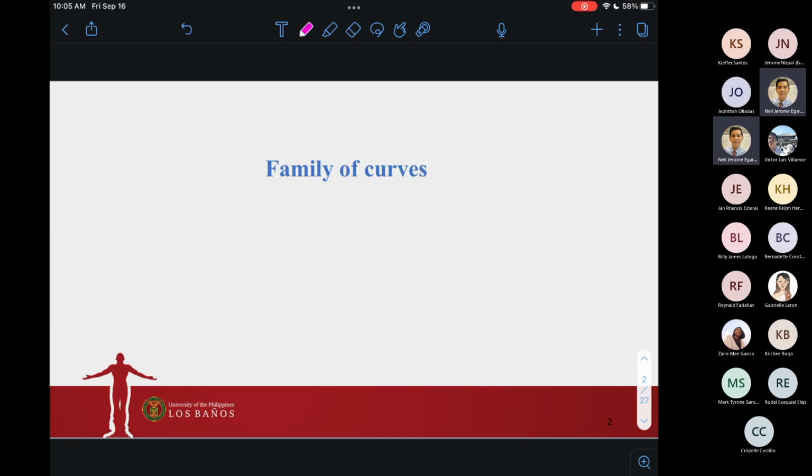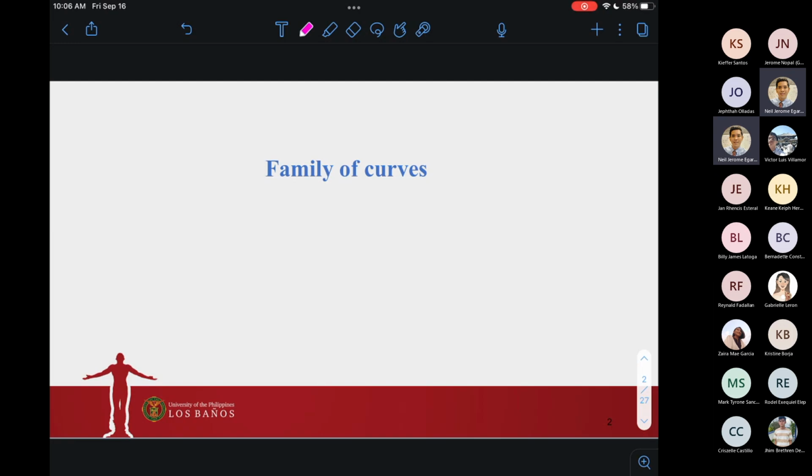And since there could be an infinite number of functions that can satisfy a certain ODE, sometimes it is good to look at the family of curves represented by this ODE. So kung meron kang ODE na infinitely many solutions, then you will get a lot of functions that satisfy that differential equation, and you can generate a family of curves using this family of solutions. And it also works the other way.